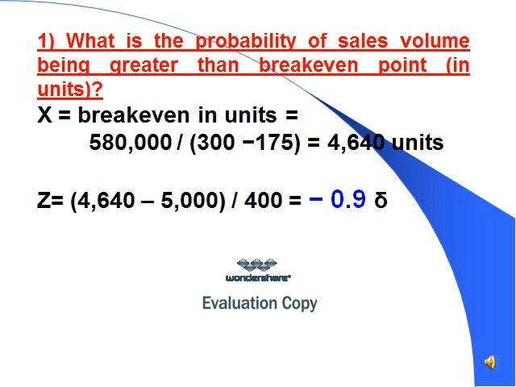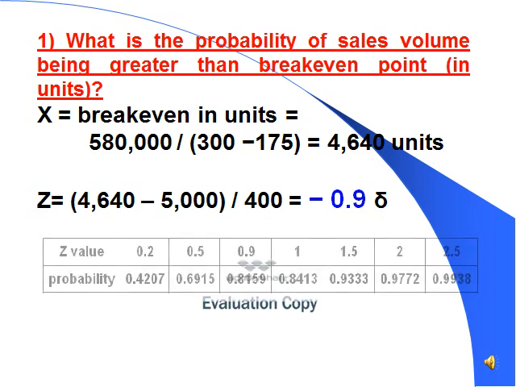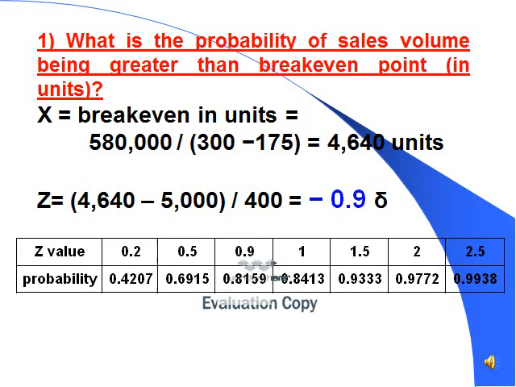So 580,000 divided by (300 minus 175) equals 4,640 units. Z equals x minus x bar divided by sigma. So (4,640 minus 5,000) divided by 400 equals minus 0.9.